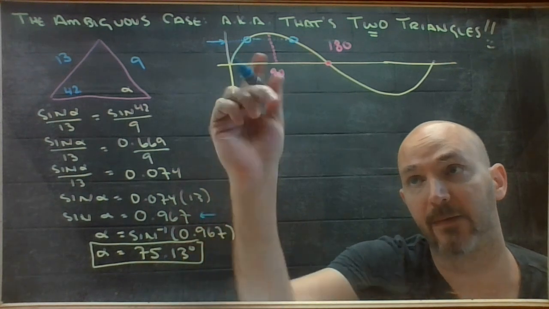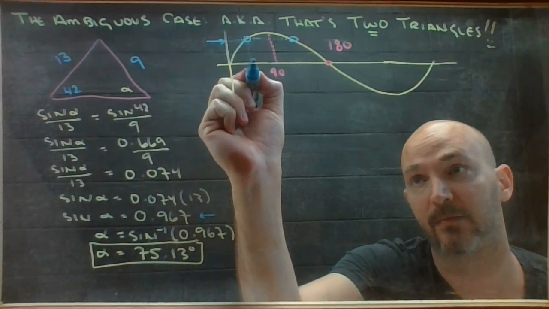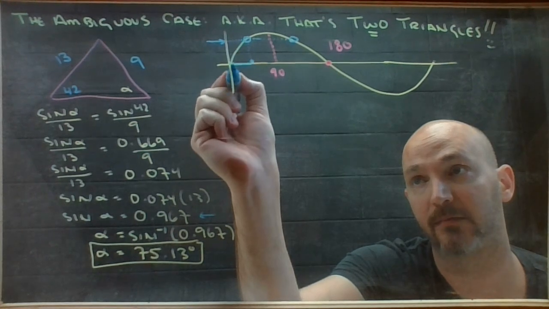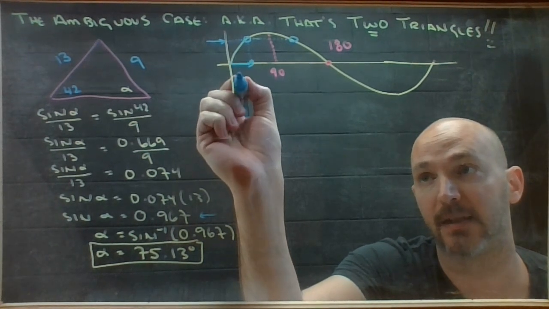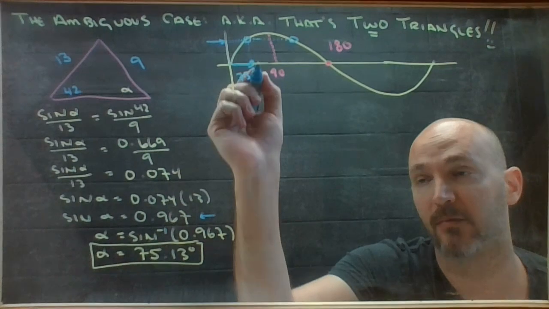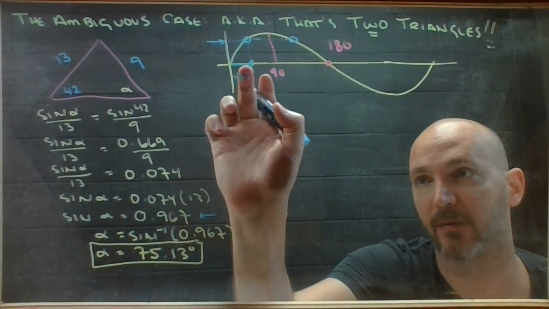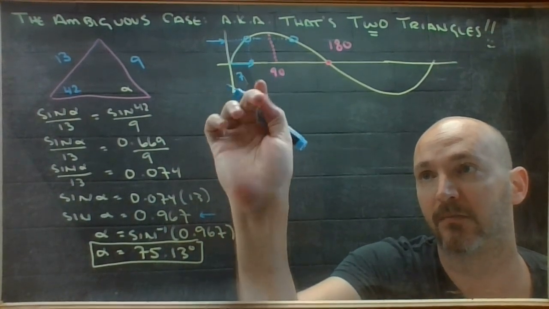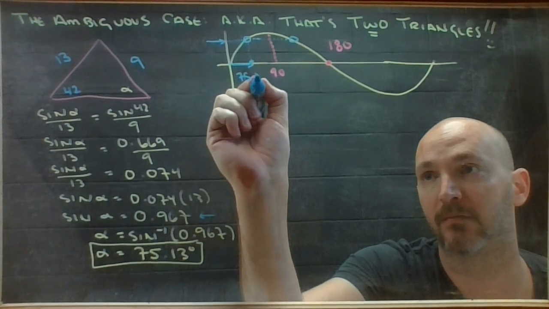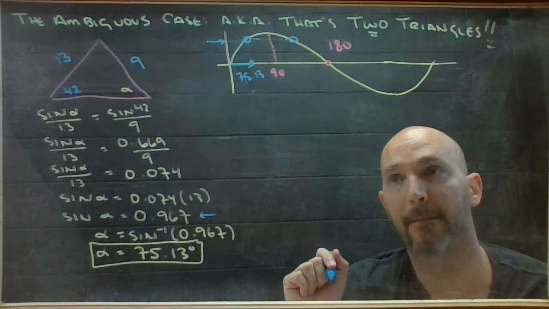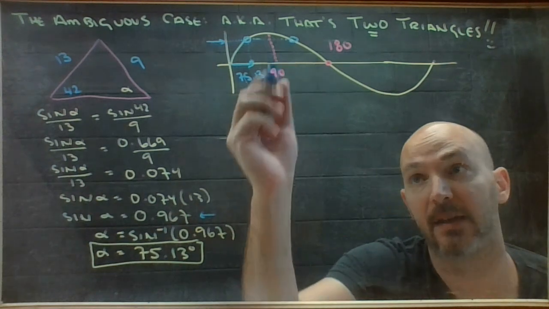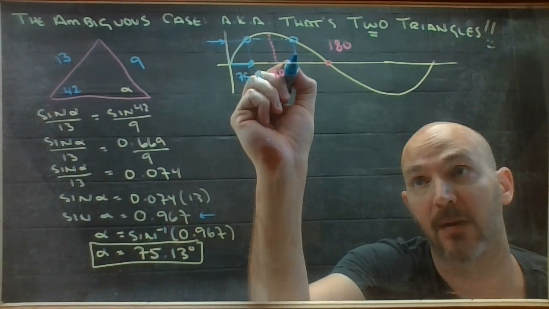Now I already have the location of this solution, right? This length here is 75.13. To find this solution, I'm just going to drop a little thing down here.